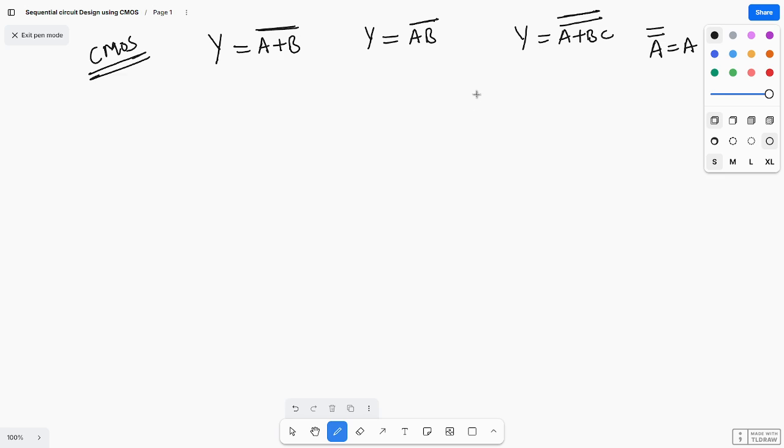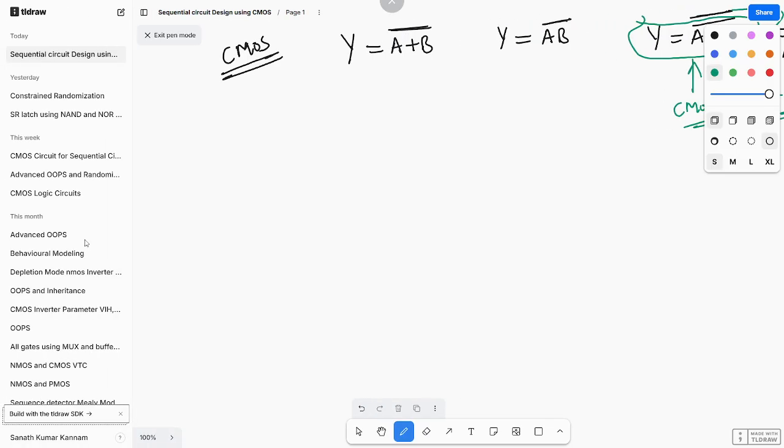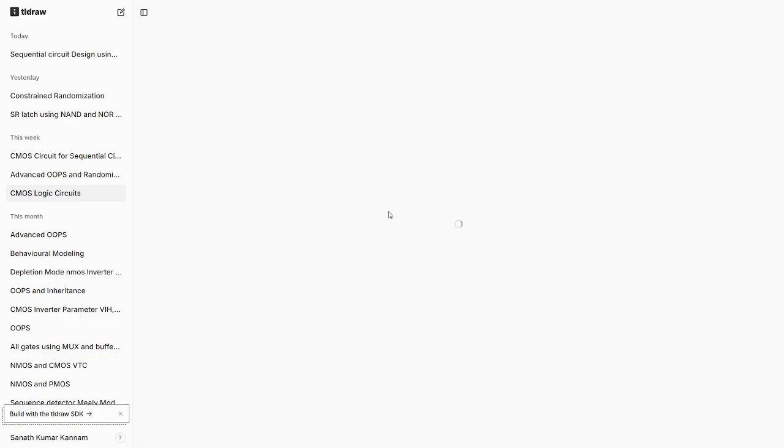So here, this one I am implementing with CMOS logic. Again, one more complement is there. This complement I'm implementing with which gate? NOT gate. That we already saw in the last class, in the CMOS logic circuits.